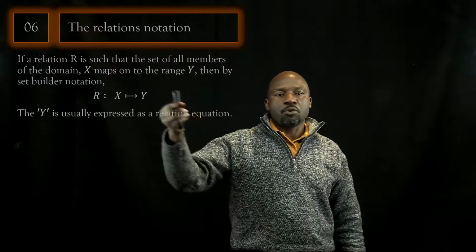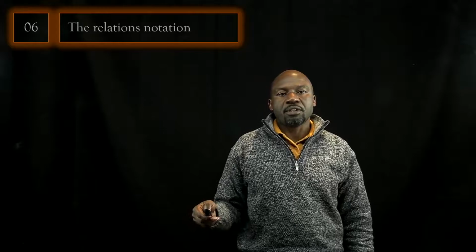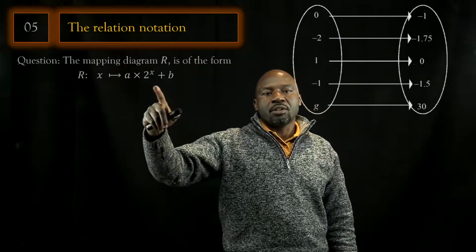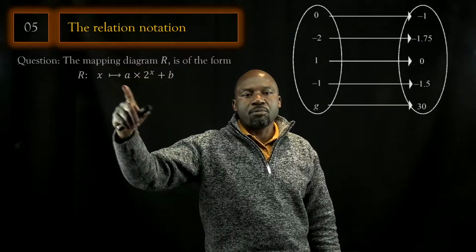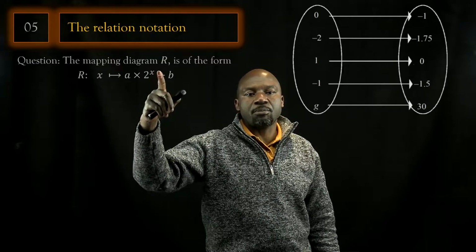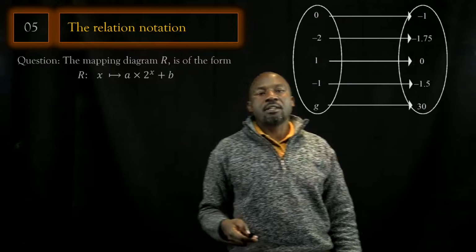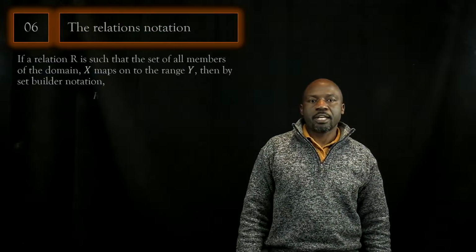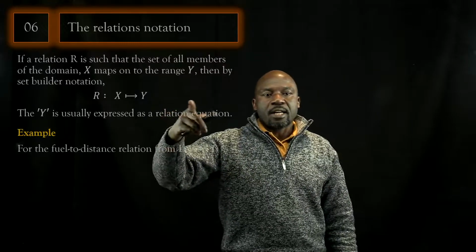In place of just putting y, we normally put a relation equation such as we did in the previous question, y equals a into 2 power x plus b. So in place of putting y, you put the equation that relates the two.